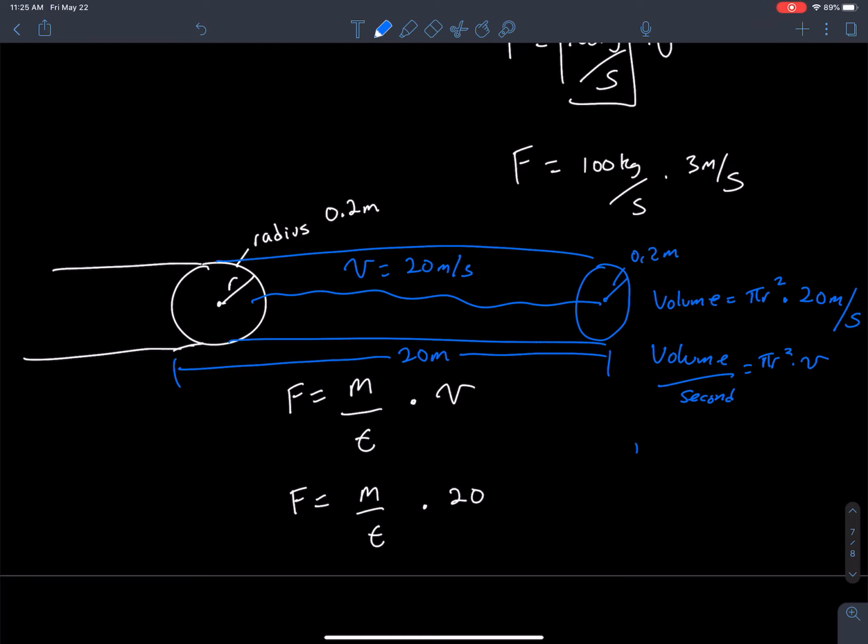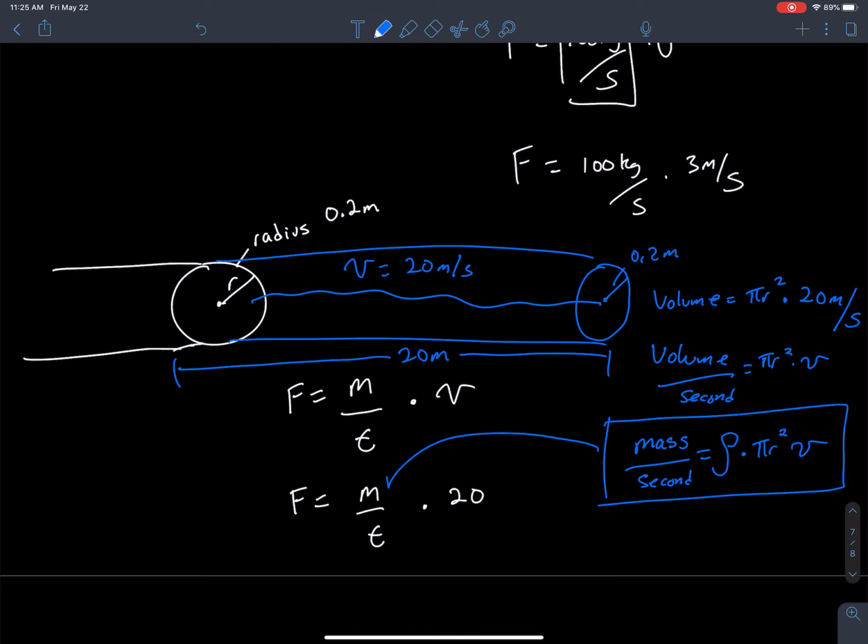And if I want the mass per second, I just have to multiply by the density of water, in kilograms per meter cubed, times pi r squared times my velocity. That would give me my mass flow rate.